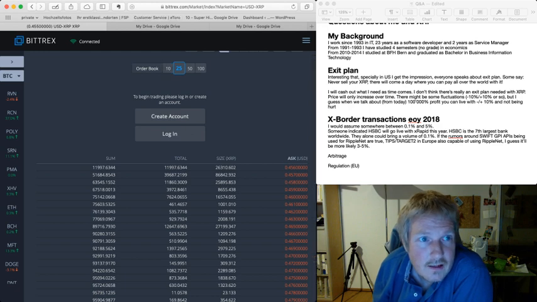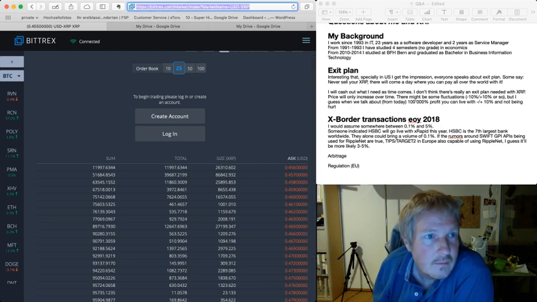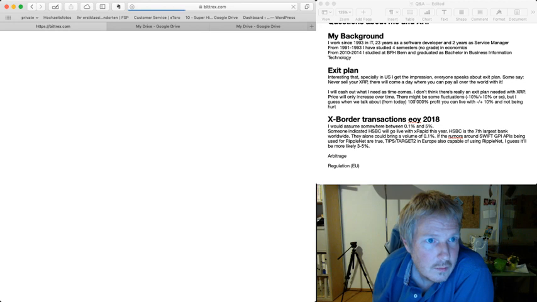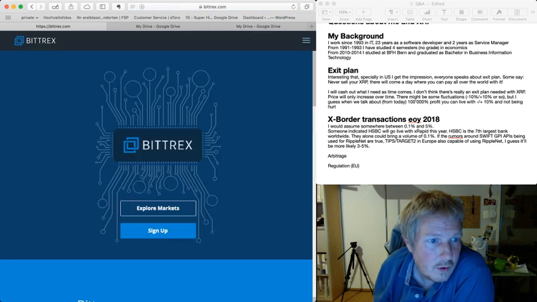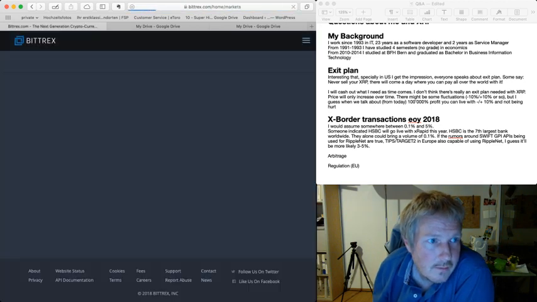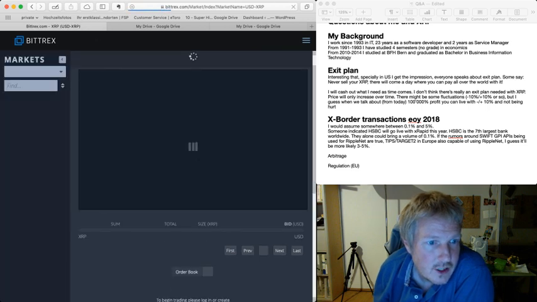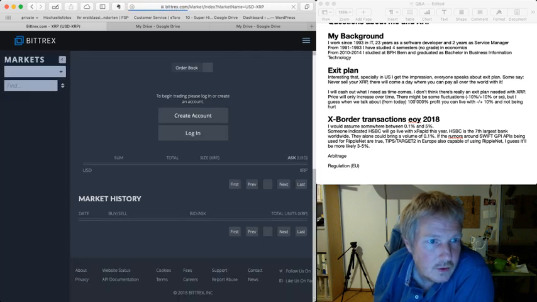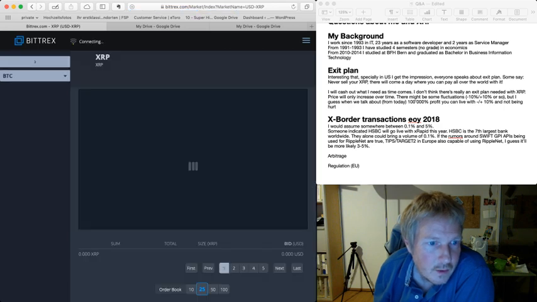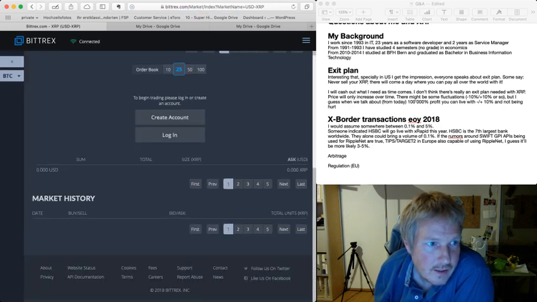Go to Bittrex.com, click Explore Markets, I think it's called, and then XRP US dollar, and then this page opens, and then you scroll down. It takes a while because we are streaming now, that's why it's a bit slower.